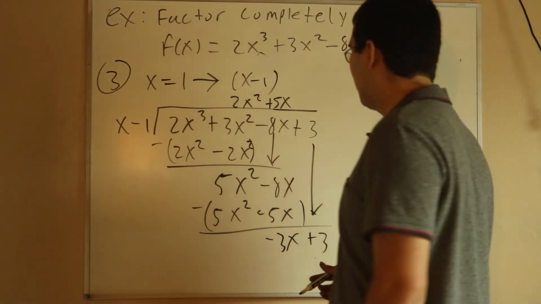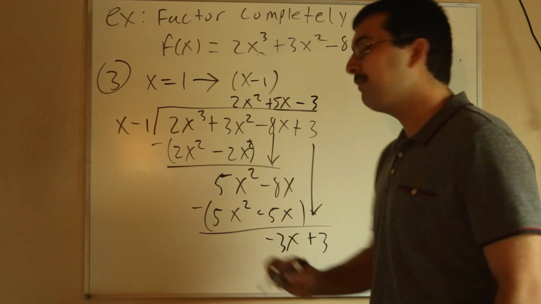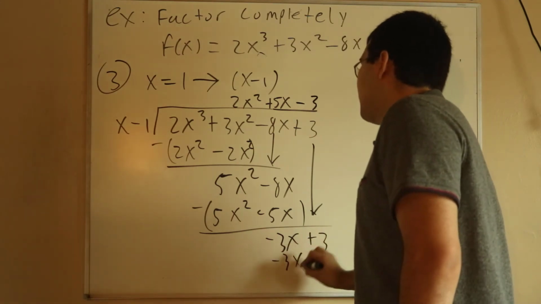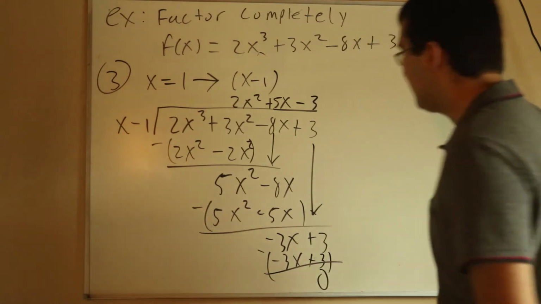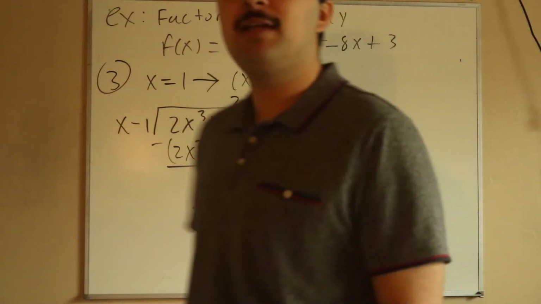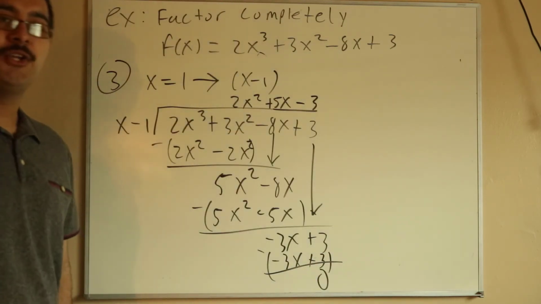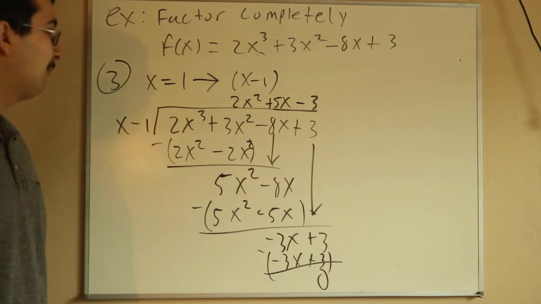Go ahead and do my multiplication again. I want to multiply by a minus 3, so I get minus 3x plus 3. Do my subtraction, I get 0. Great. And remember, we do expect to get a value of 0 at the end because we are dividing by a factor. So our remainder must come out to be 0 if we did our work correctly.